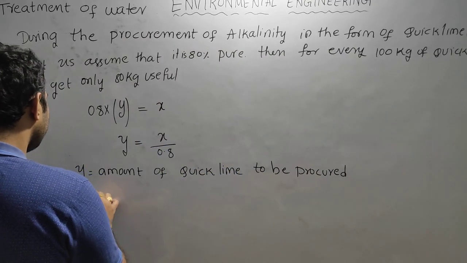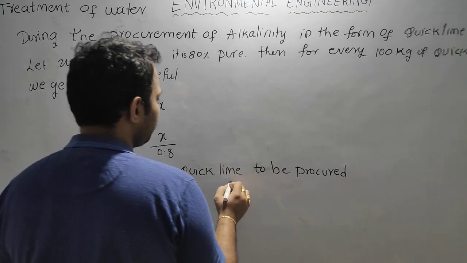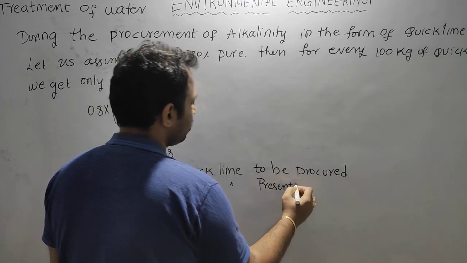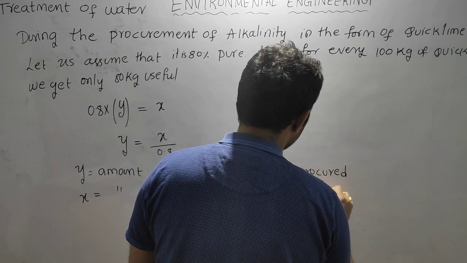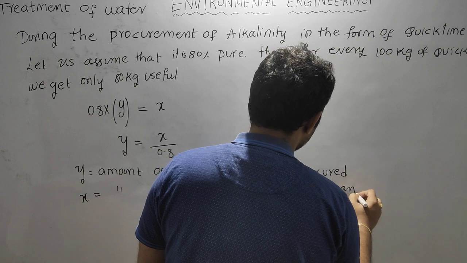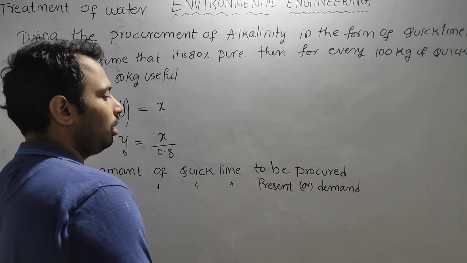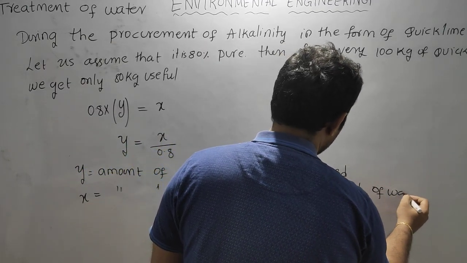X is the amount of quicklime present, or the demand of water. So this is the requirement.